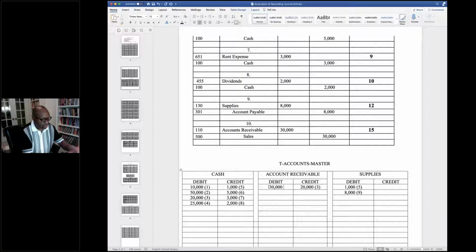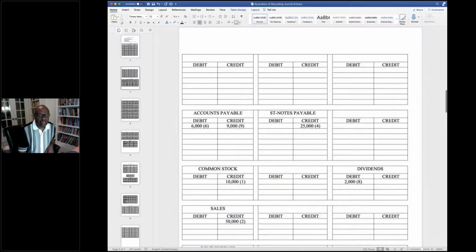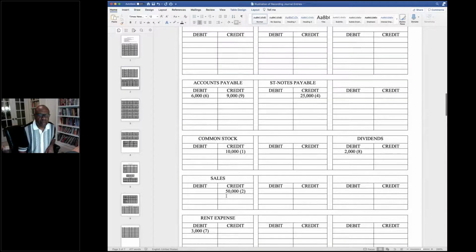And so this is going to be transaction 10. And the credit is the sales, so we're going to go down to the sales account. And we're going to credit the sales account for the $30,000.